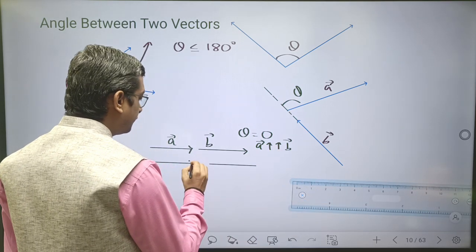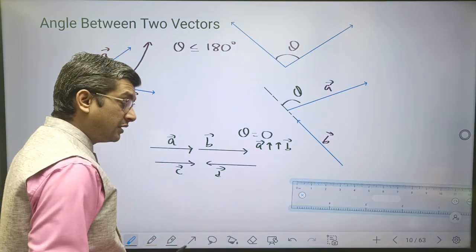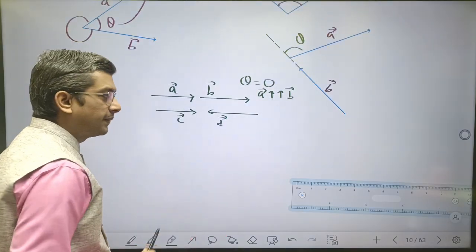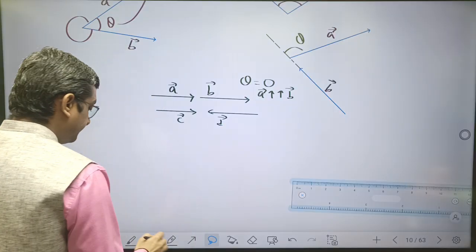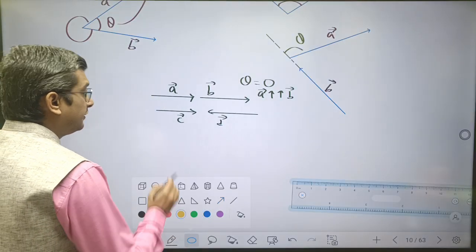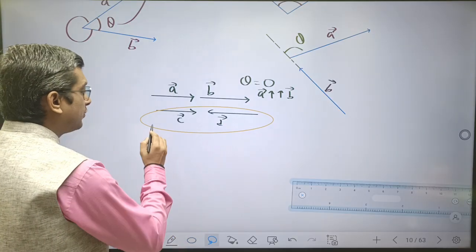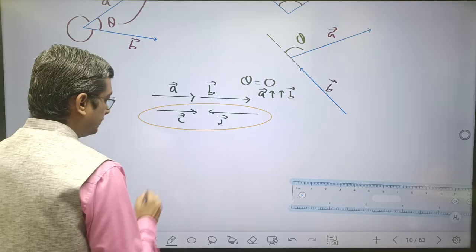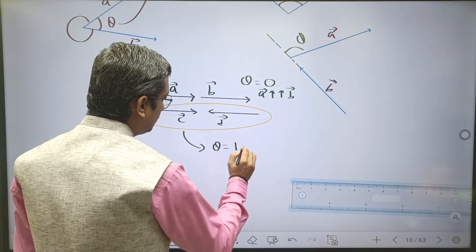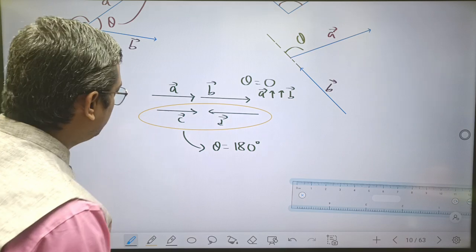Now what about this vector? Suppose this is vector C and this is vector D. Here, in this case, the angle is given by 180 degree. Theta is equal to 180 degree because the directions of both vectors are opposite to each other.